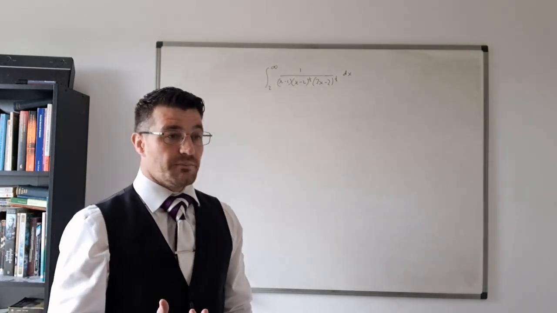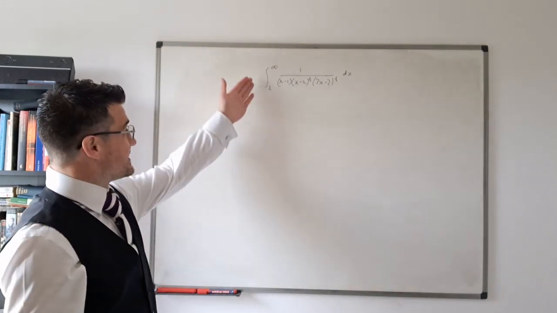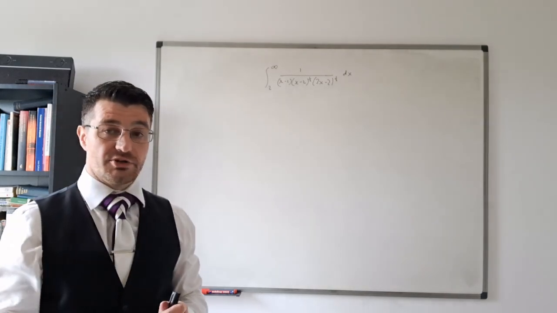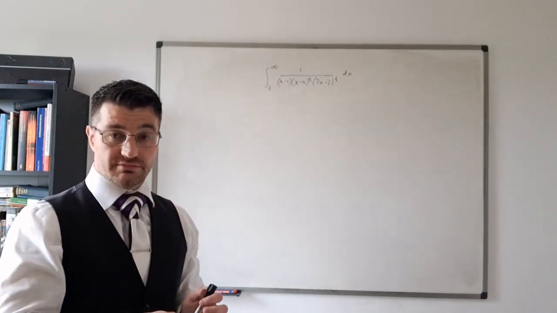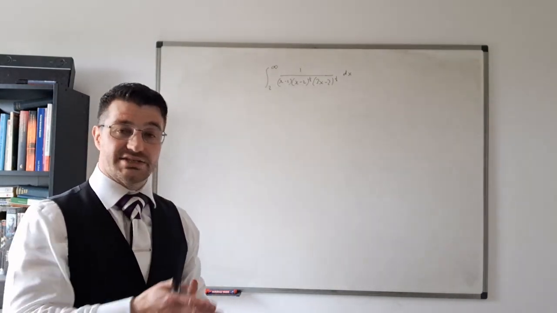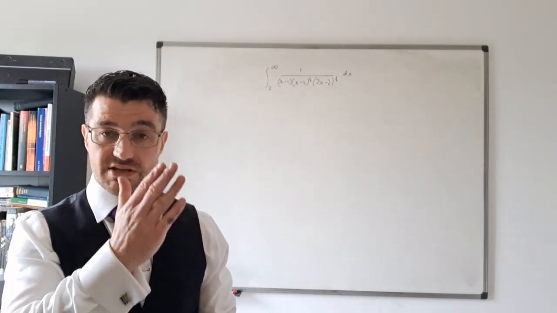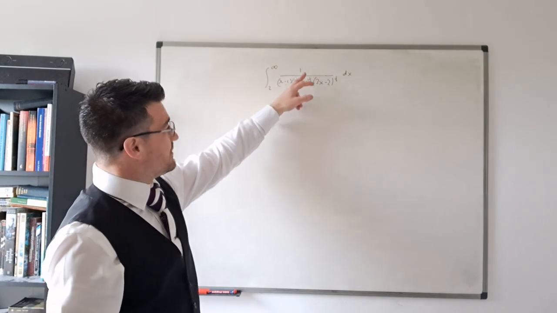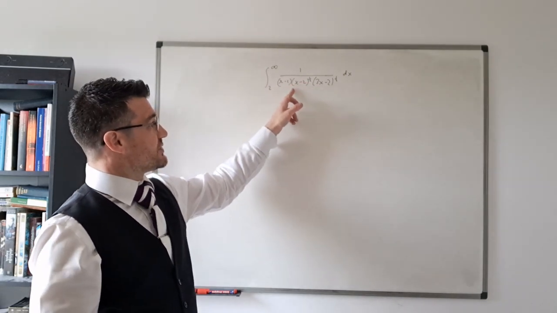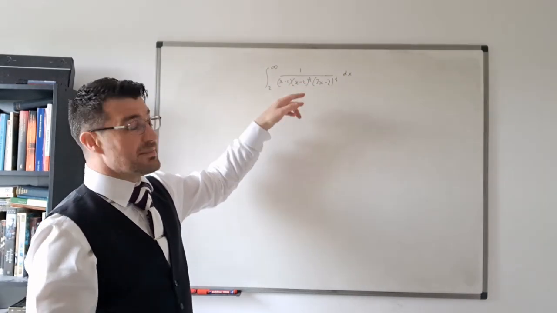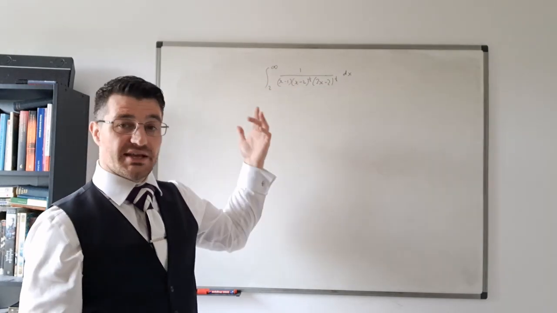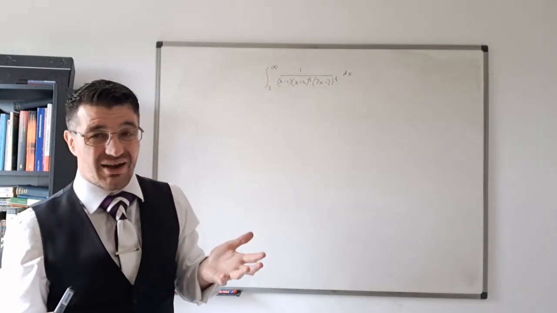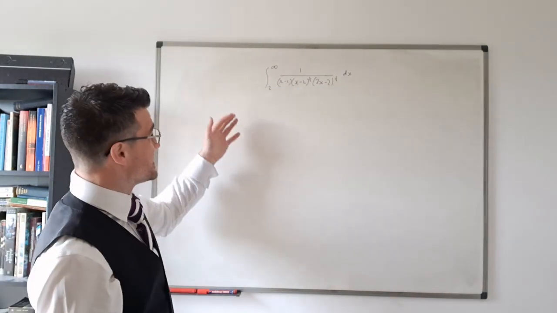Integration around asymptotes is generally not straightforward. But that led me to believe that maybe I need to do something with that. Maybe I could get that out of the denominator in some way. I don't know how, but it's just something that I've noticed.